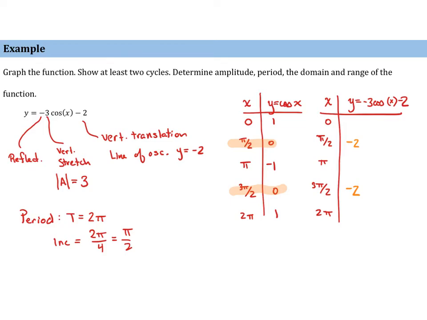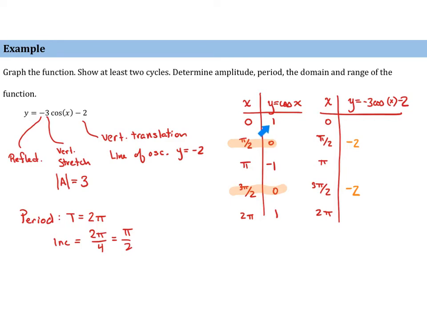And now, if we go back to our y value of 1, we have reflected that, so it would be now at -1, but we've also stretched it vertically. So we will move it 3 points past our line of oscillation, below our line of oscillation in this case.